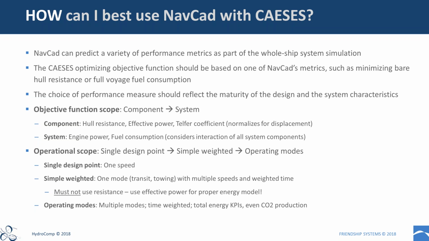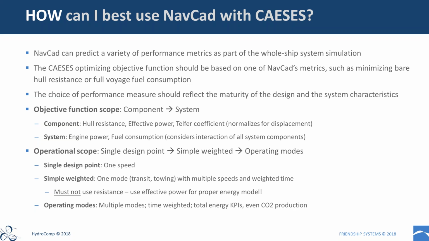So the choice of the performance measure that you use really should reflect the maturity of the design and the system characteristics. In this particular case, we're using a vessel with a water jet as a propulsor. Well, water jets, like main engines, are a component. We don't design individual impellers or nozzles or inlets. So we have to take the characteristics of the water jet as a whole.